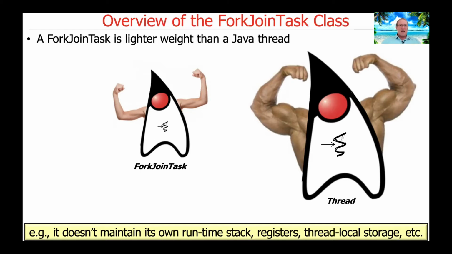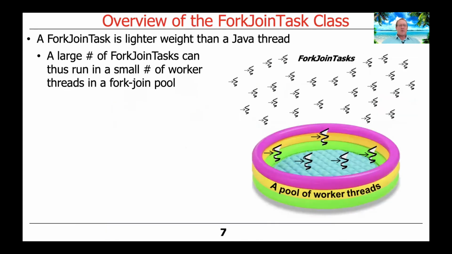It doesn't have its own stack. It doesn't have its own registers. It doesn't have its own thread local storage, unless you program thread local storage for it, but you typically wouldn't do that. So one of the consequences is you can have a very, very large number of ForkJoinTasks that are then run or multiplexed atop a much smaller number of worker threads that are managed in a thread pool by the ForkJoinPool.